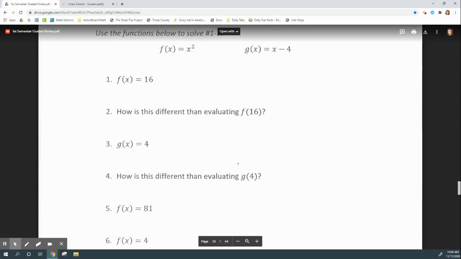So now we're just going to take g of x, and we know what g of x is, right? So instead of g of x, what can we write? G of x equals what? 4. So we can write 4 equals x minus 4. Because we know that we're solving for x. We don't know what x is.